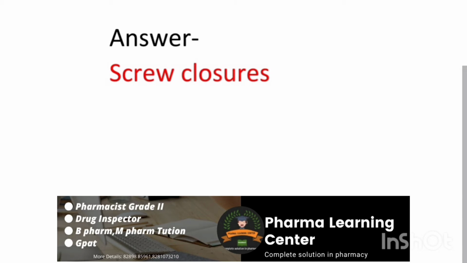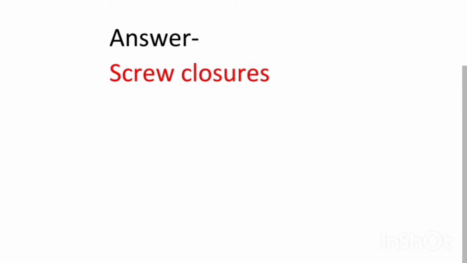Option B, push fit caps, means the caps of bottles like shampoos or parachute oil type caps. So the cap, the wad and the liner are the components of screw closures.